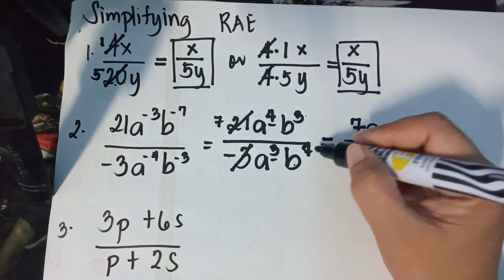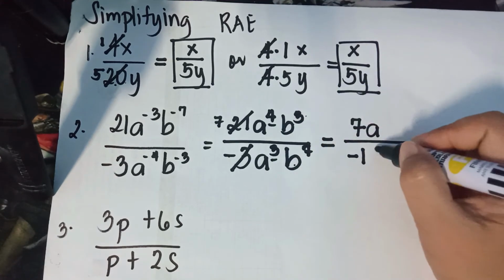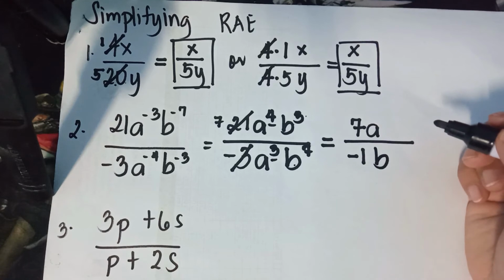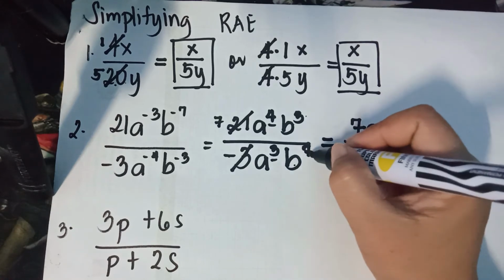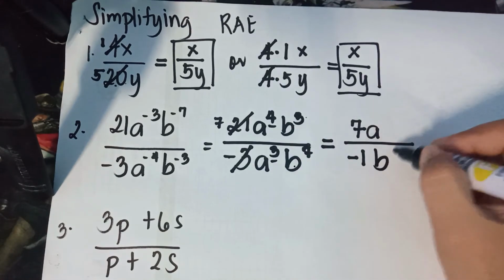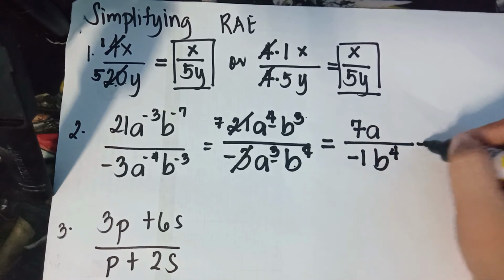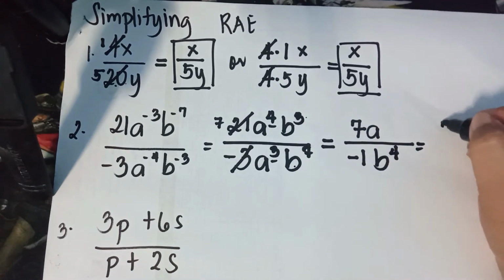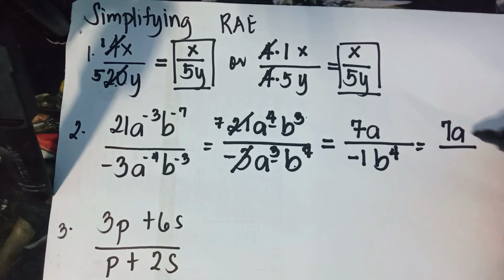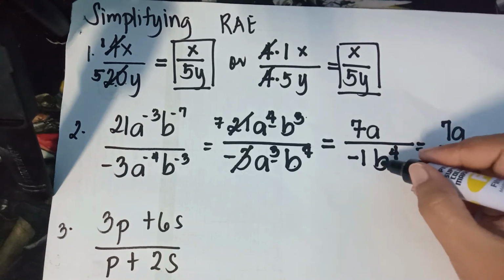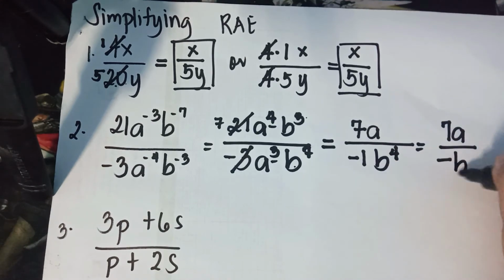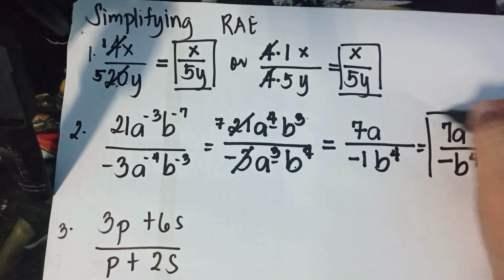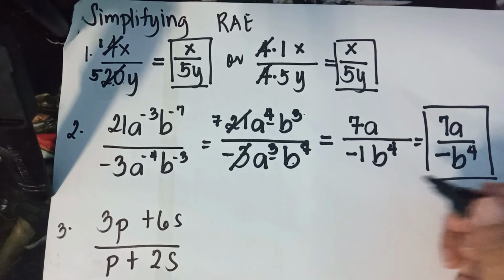Since b raised to 7 is greater than b cubed, then b is on the denominator. Next, subtract 7 minus 3, that is 4. Final answer is 7a over negative 1 times b to the fourth, which is negative b to the fourth. This is our final answer.